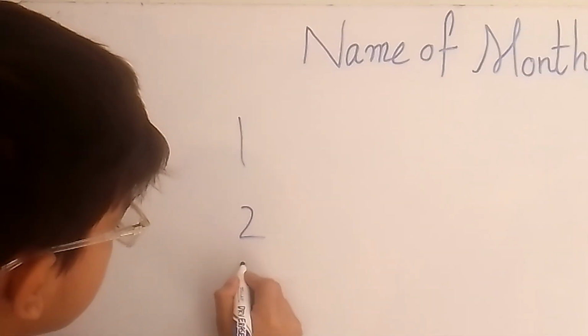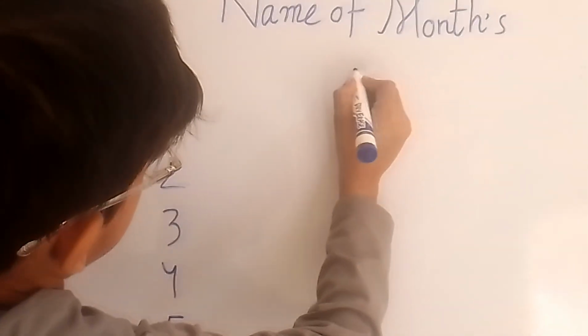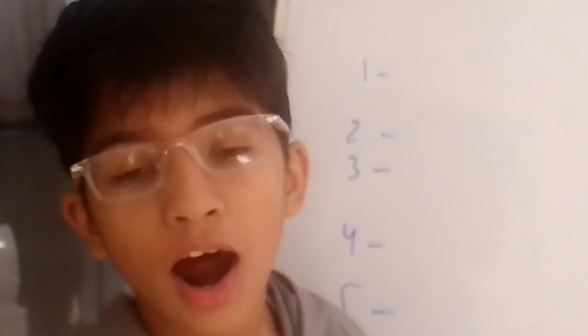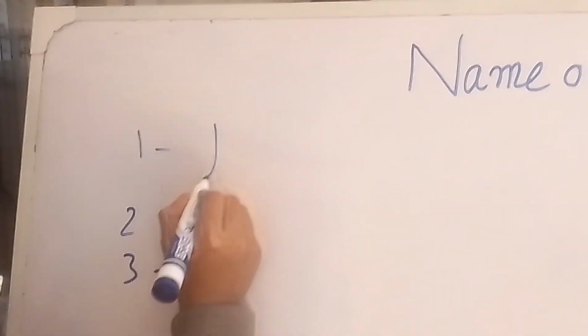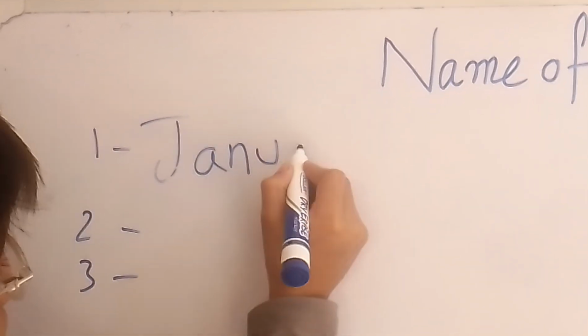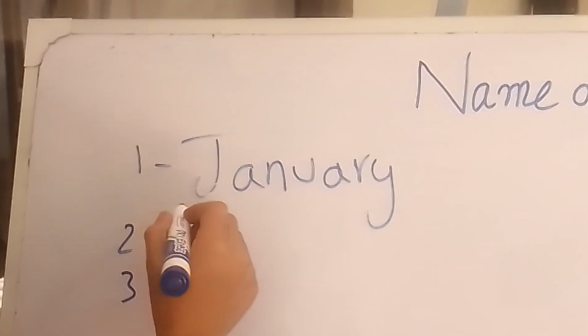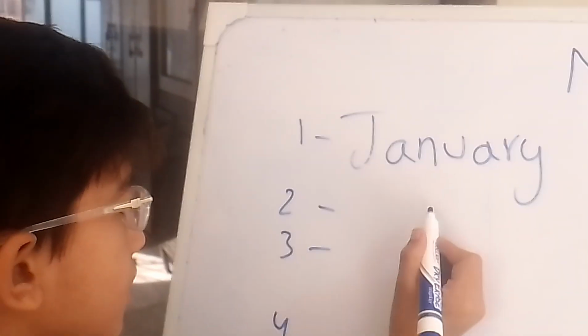1, 2, 3, 4, 5, 6. So, our first month is January.